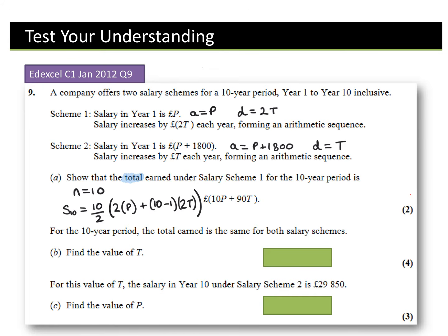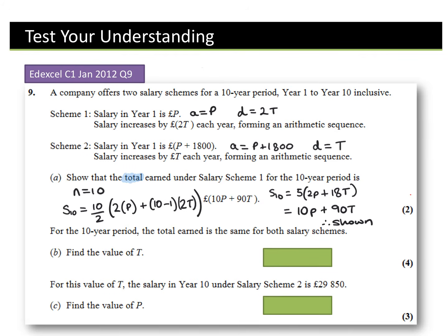Please work this out. So S10 equals 5 lots of 2p plus, and then 10 minus 1 is 9, times 2, 18t. If I multiply this by 5, I get 10p plus 90t, therefore shown.